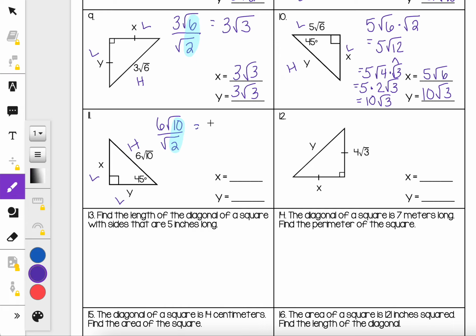So here I'm going to get 6 times the square root of 5 for both of those legs. And for number 12, I'm given a leg. I want to find the hypotenuse. So I'm going to multiply by the square root of 2, leaving me with 4 root 6.